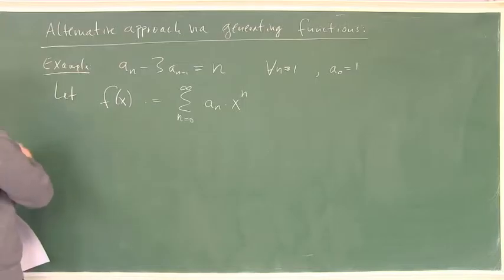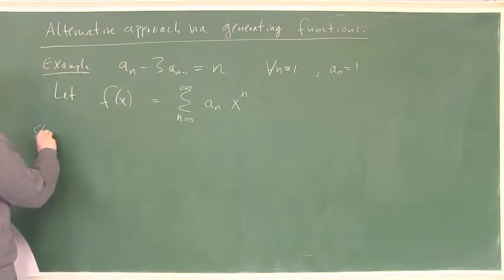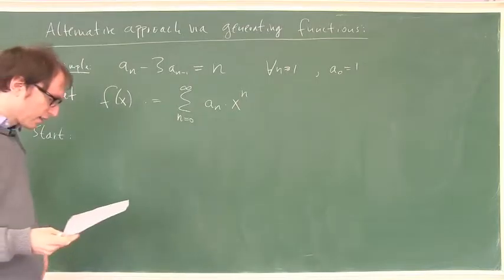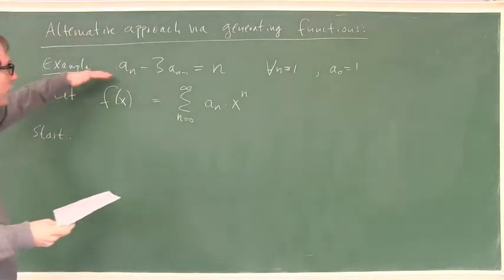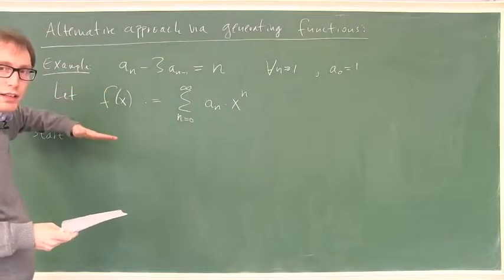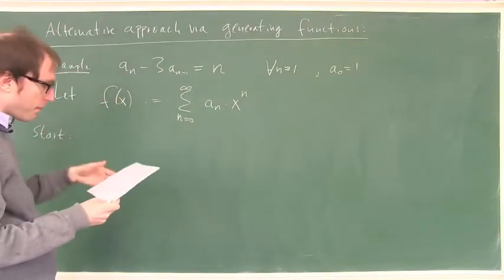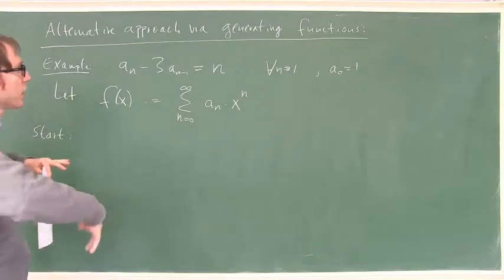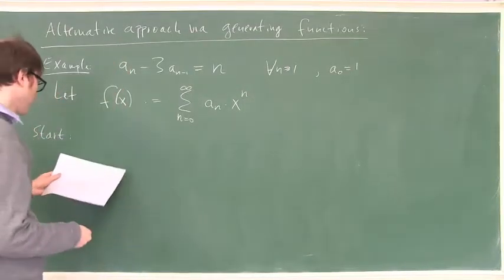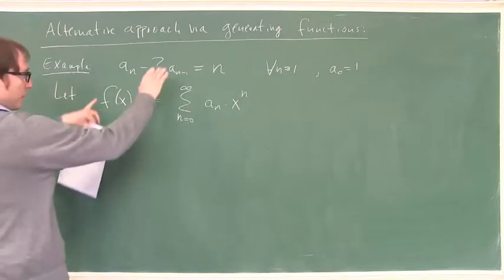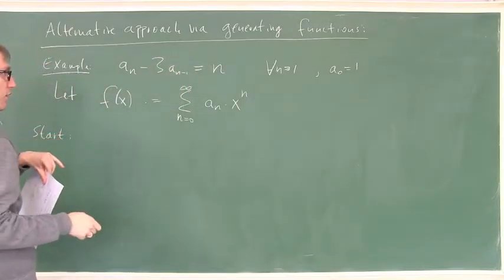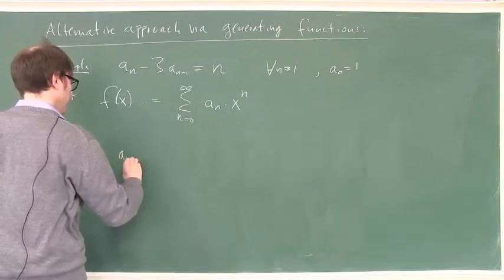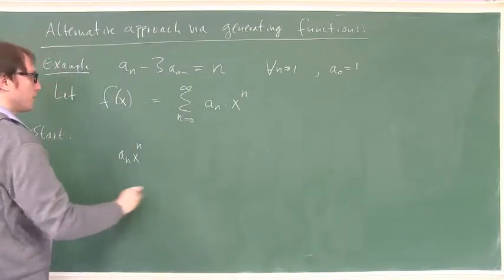And how do we get this in? The idea is that we essentially take these infinitely many equations, multiply them by the corresponding x to the n, and just sum them all up. So here's what I mean. Multiply the left side by x to the n and the right side by x to the n, and sum.